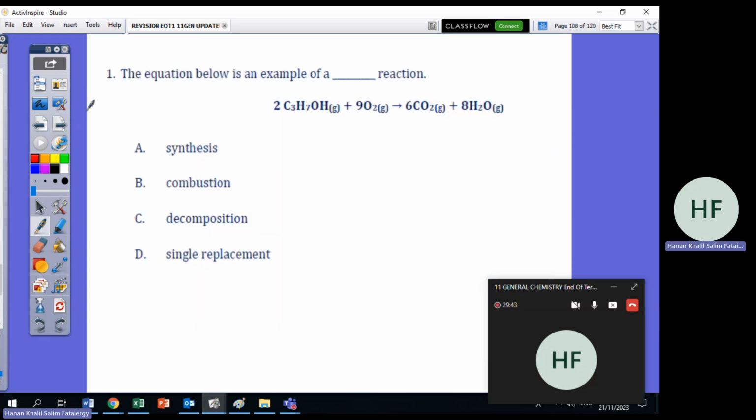The equation below is an example, and of course the presence of O2 means it is combustion. If it asks whether this combustion is complete or incomplete, and to justify your answer: since CO2 was produced here, this is complete combustion.